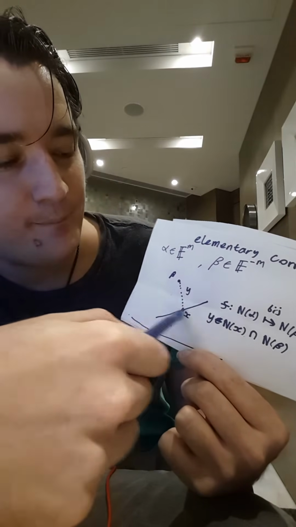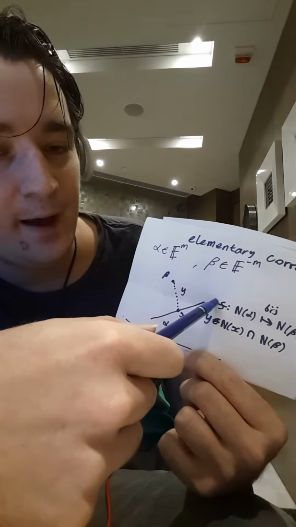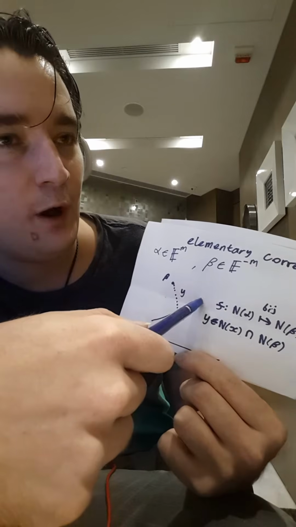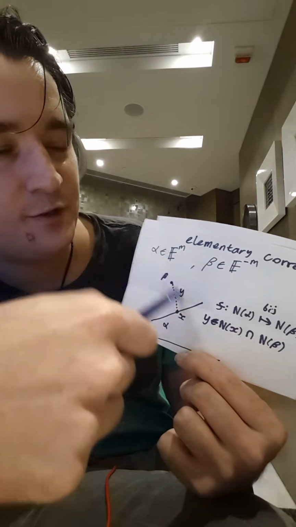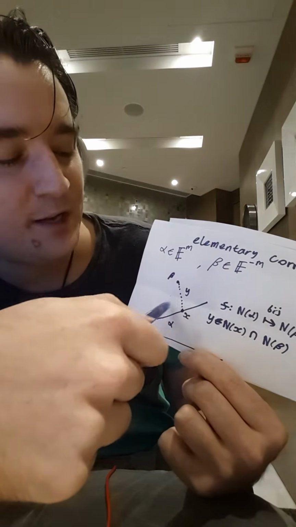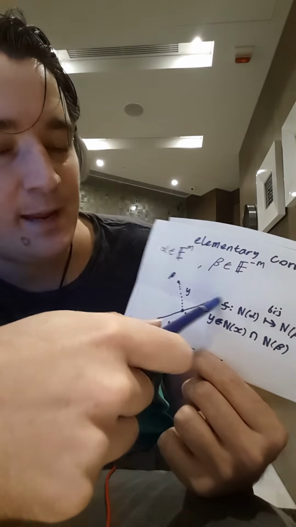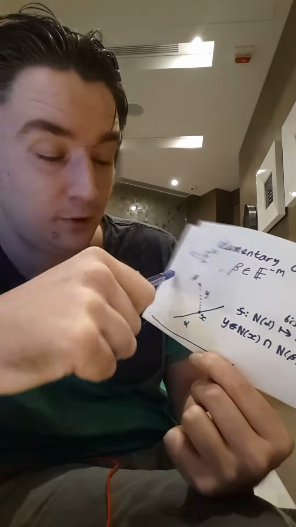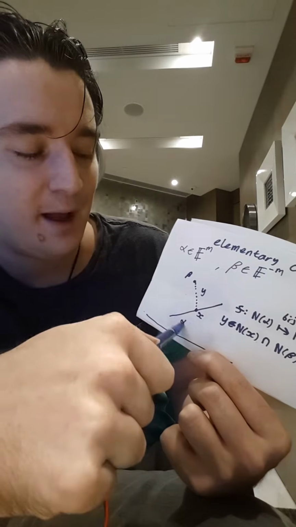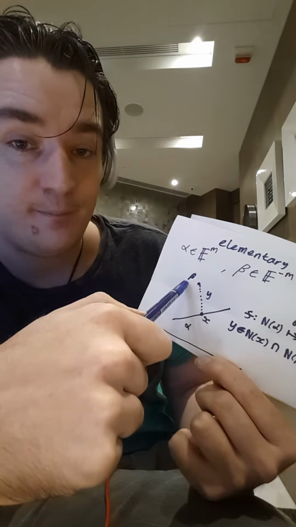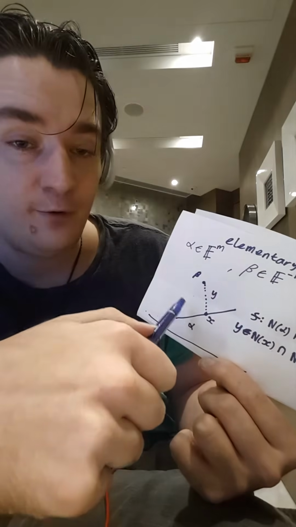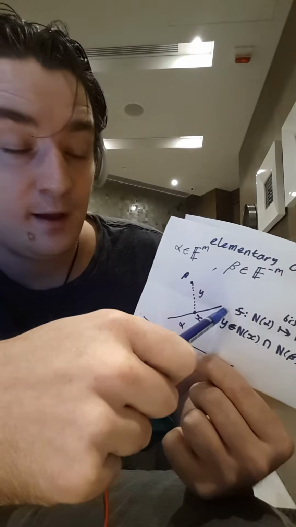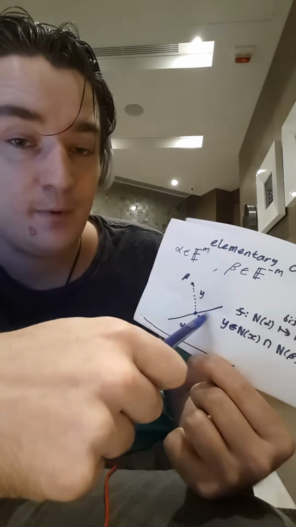We want to put the members of the neighbourhood of alpha into a one-to-one onto correspondence. I want to find a bijection from the neighbourhood of alpha to the neighbourhood of beta. So basically, we want to find a one-to-one mapping from the set of all points on alpha to the set of all lines through beta.